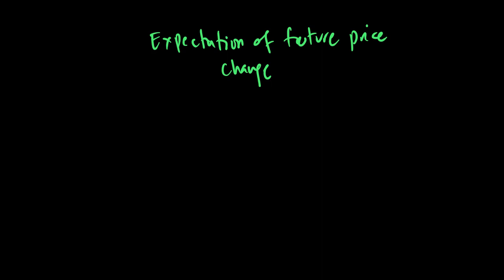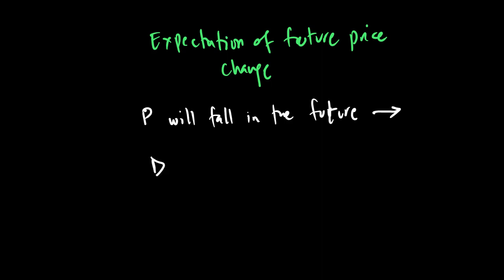Whenever a new technology comes, it's more expensive initially, and only some people buy, and other people wait for the price to go down, and as soon as the price goes down, they buy that good. So the idea goes this way: if we believe the price will fall in the future, then we can expect the demand to fall right now, but rise later.